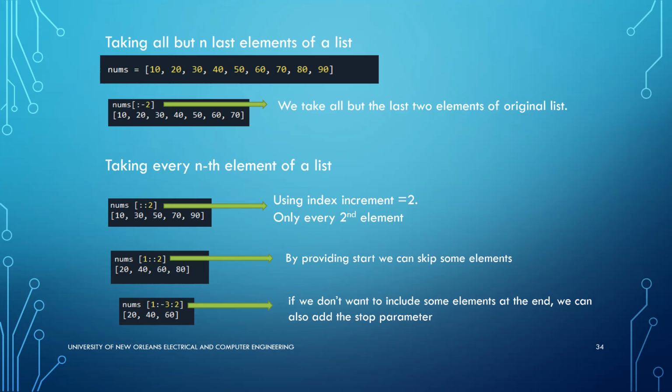And then we're going to go 2 elements at a time. So we're going to go 20, 40, 60, but we're going to stop there because that's what the stopping index says, to stop at -3, which is right here, right? And again, remember, since it's not inclusive, we're not seeing it. So we're only going to see 20, 40, 60 by running this command.